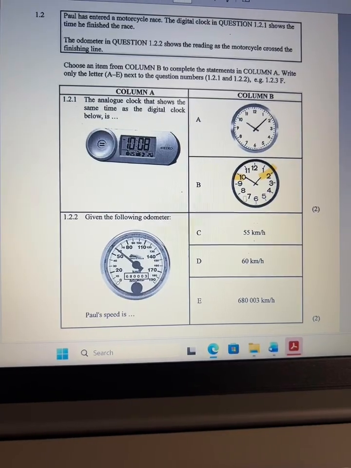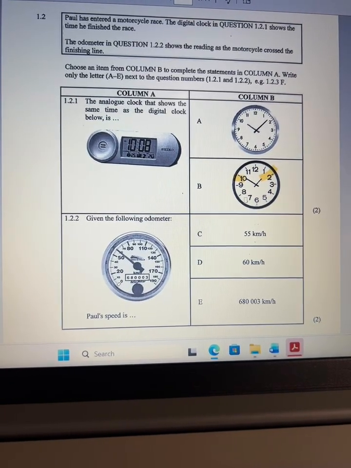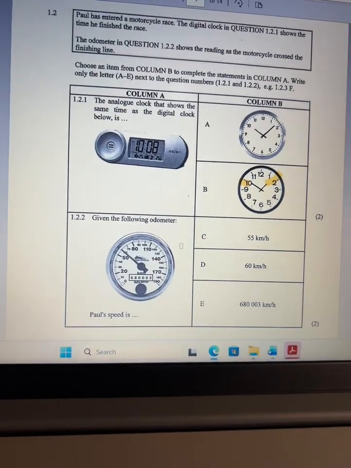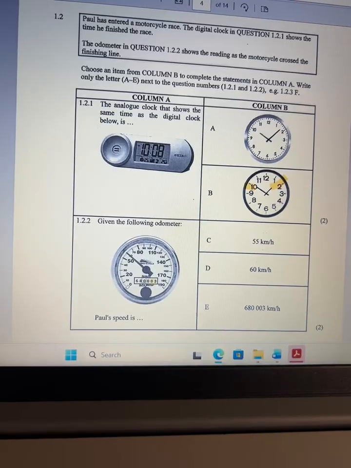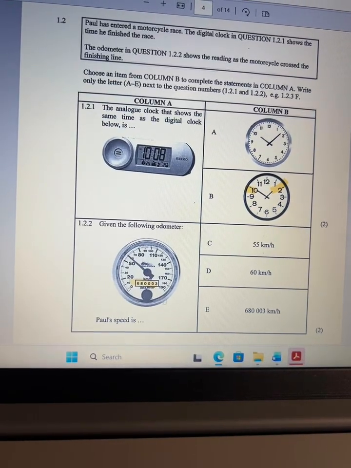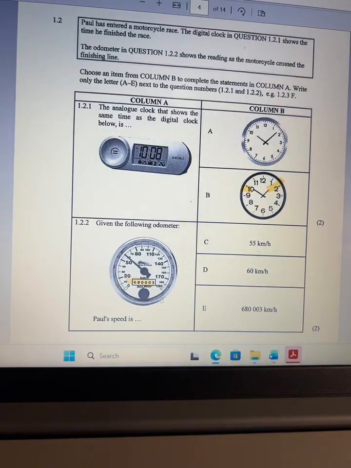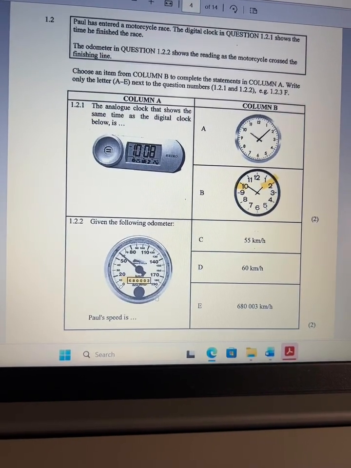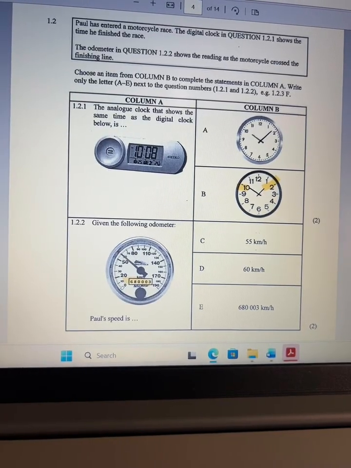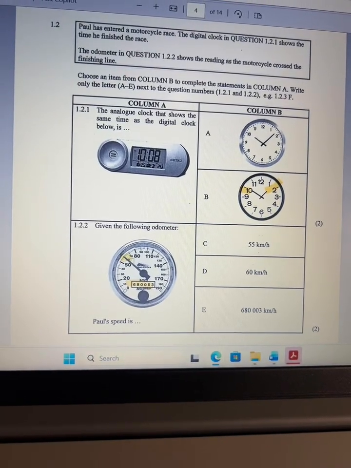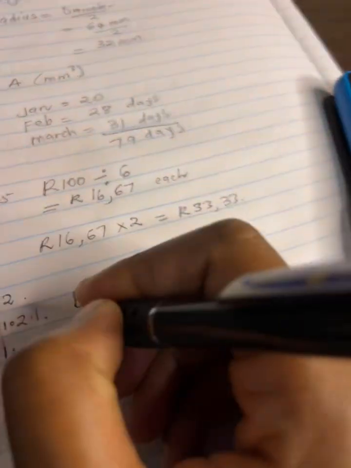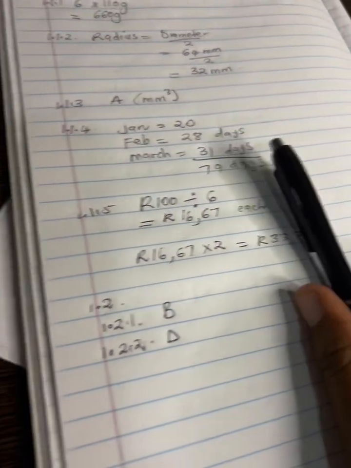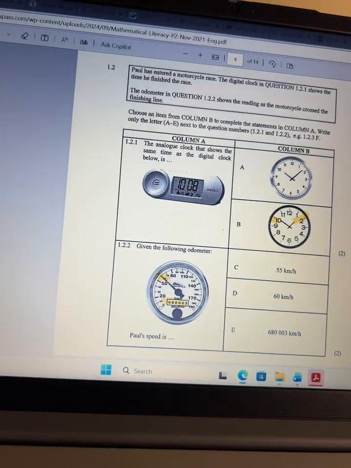It is 60 kilometers per hour, because this one represents the kilometers that the bike has already traveled, but the speed that he was running was 60 kilometers per hour. So the answer for question 1.2.2 is D, 60 kilometers per hour.